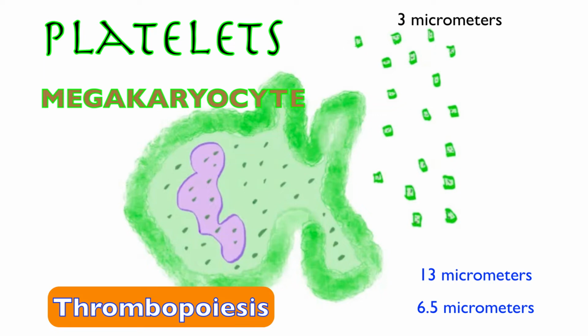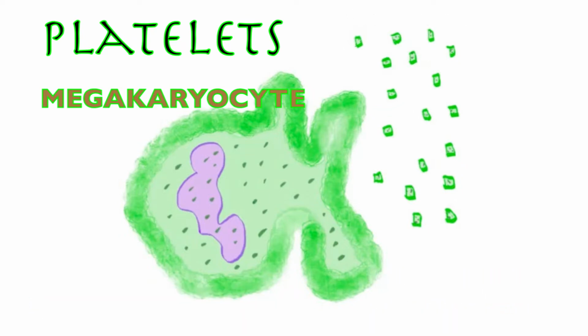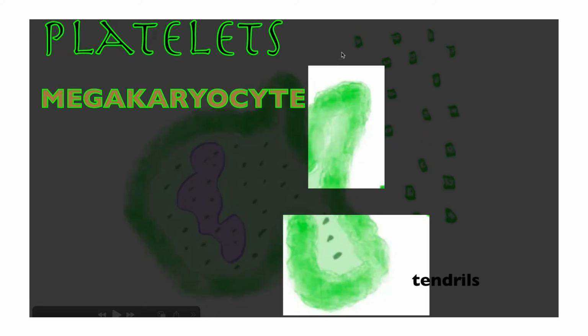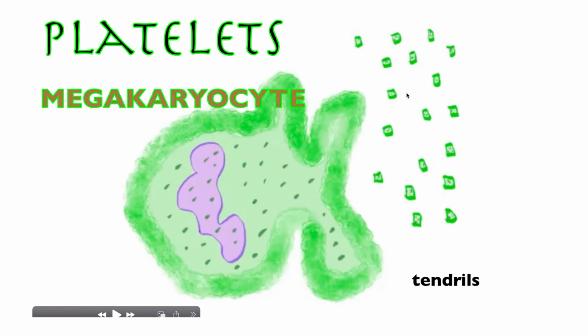A megakaryocyte spans in diameter roughly 150 micrometers, which can be seen with the naked eye without a microscope. Coming off of this megakaryocyte, we have these structures known as tendrils, and when those break off, they form into platelets, as we see over here.